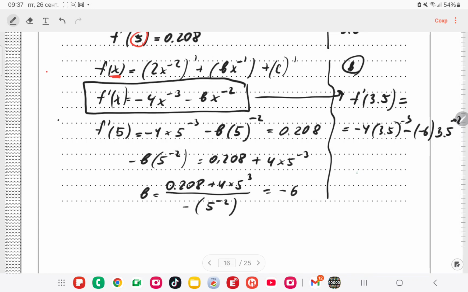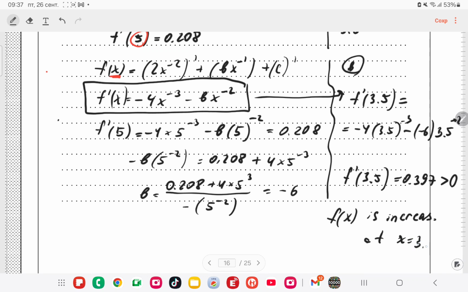After calculation, you will obtain that f prime of 3.5 is equal to 0.397, which is obviously more than 0, and it means that f(x) is increasing at x equals 3.5. That's how you get full marks.